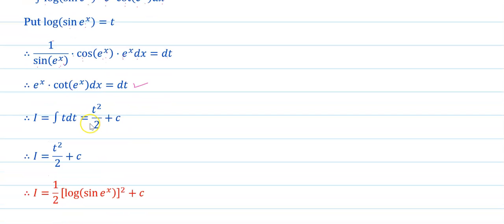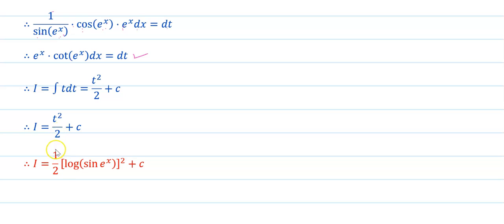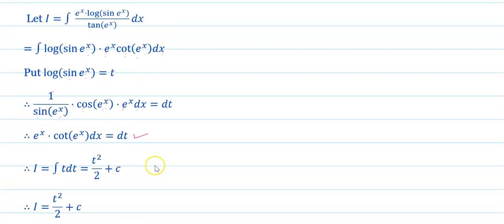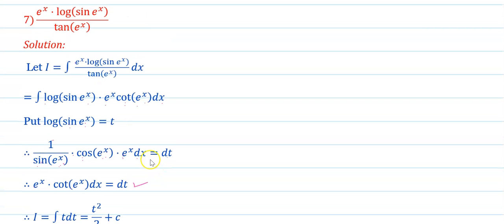Log of sin of e raised to x. Okay, this is 1 upon 2 log of sin of e raised to x bracket square plus c, and hence the answer. पुन्हा तुम्ही इथे बघू शकताय. Okay, e raised to x upon tan of e raised to x, tan कसा आणला तर न्यूमरेटरला it becomes cot, and this is important. Okay, this is the substitution.